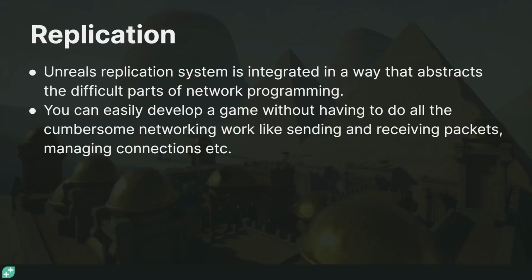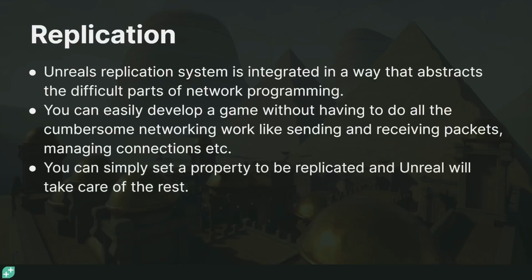Like I said, Unreal's replication system abstracts all that away from you so that you can easily develop a multiplayer networked game without having to deal with or think about these things. If you want a property like a variable to be replicated, you just set that to be replicated and Unreal will take care of the rest. This really makes things easy for us.